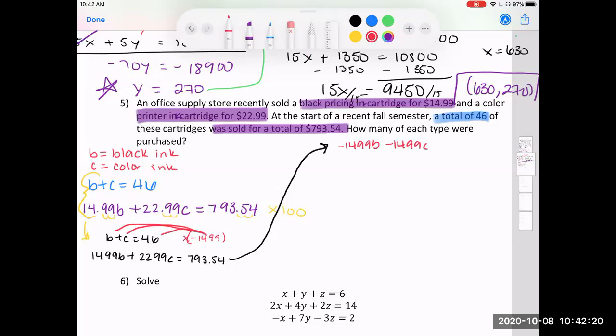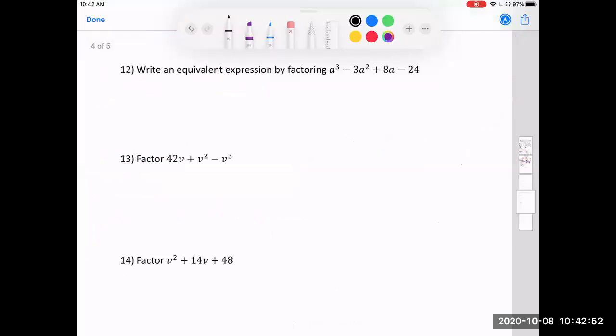I need a calculator. 46 times 1499 gives me negative 68954. Okay, and my second equation is 1499B plus 2299C equals, I forgot to move the decimal over, so let me erase that decimal point, 79354.